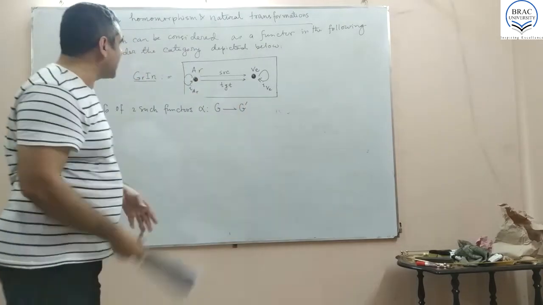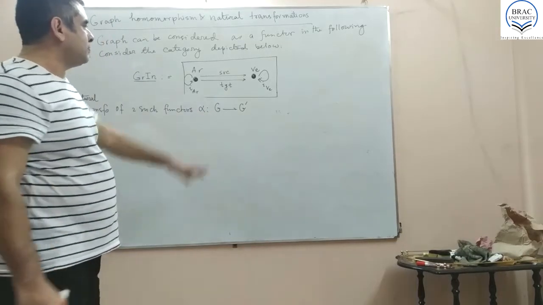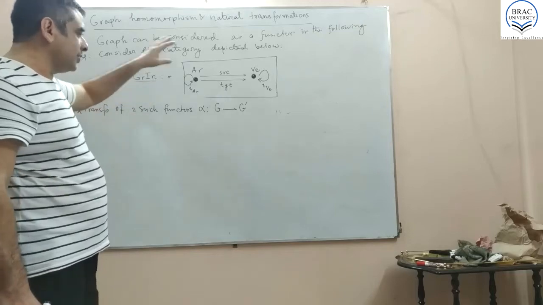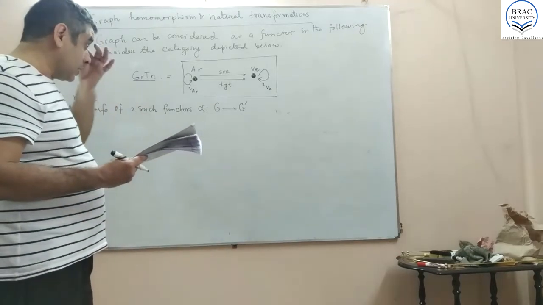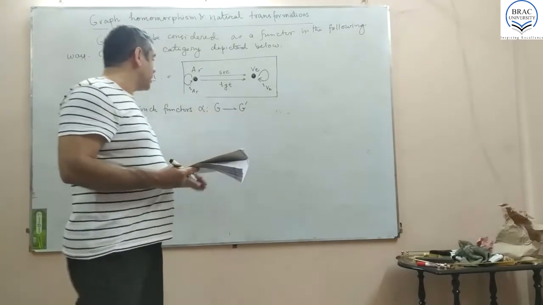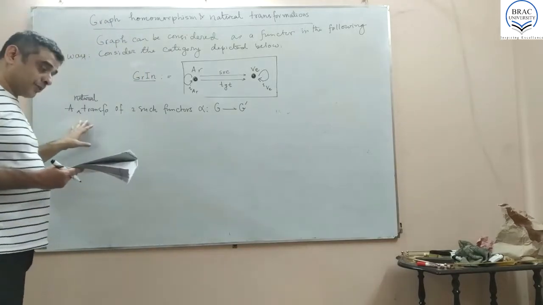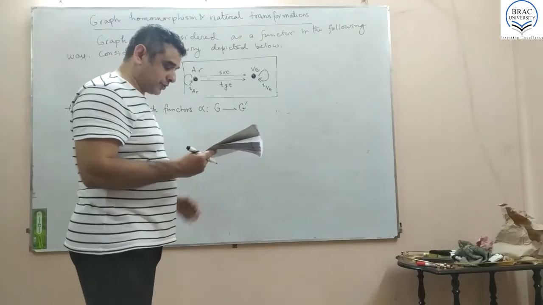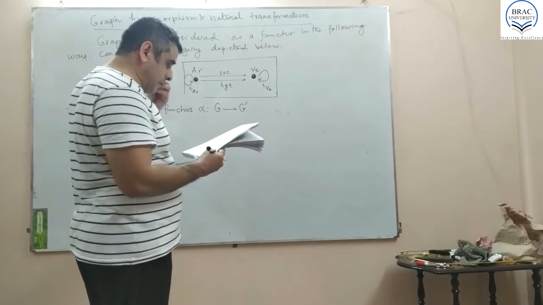We have seen that G and G prime are functors from the graph indexing category to the category of sets. Now we have chosen two such functors and we're trying to find the natural transformation between these two functors.